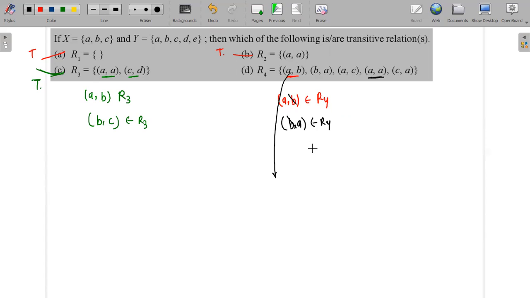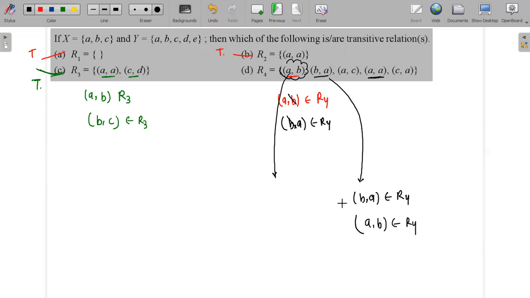Just try to understand this statement again. See, if you have an element B comma A from relation R4, then you need to check any other element whose first element is A. There are multiple ones. So the first one is your A comma B. So I know there is another element A comma B also belonging to relation R4.